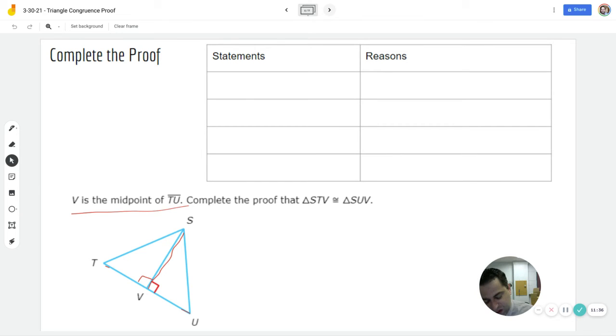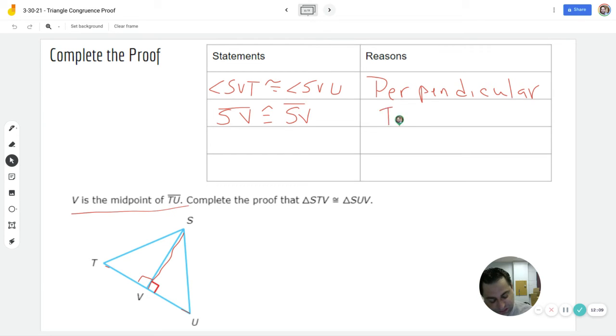SVT, so angle SVT is congruent to SVU, and that's by perpendicular. Then let's go to the reflexive side, because we've already done one of those. So we have SV is congruent to SV, and that's by reflexive.